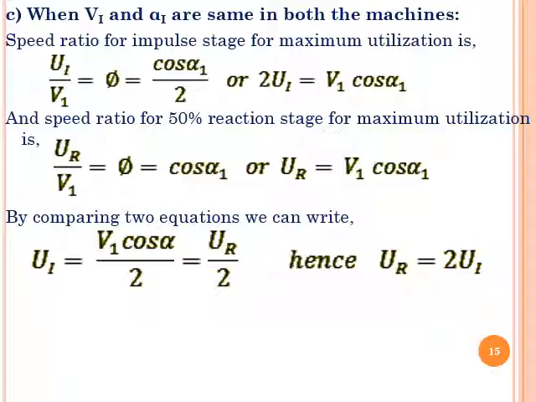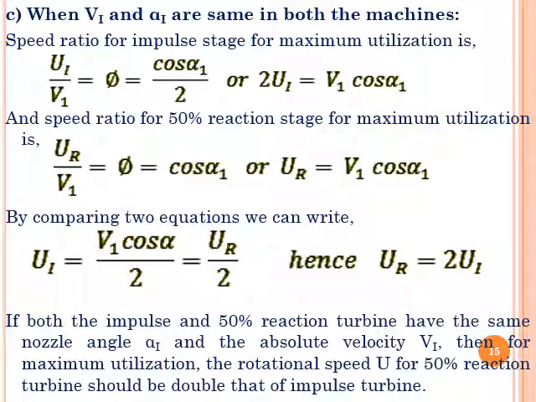Hence UR, the blade speed of the reaction turbine, is equal to 2 times the blade speed of the impulse turbine. If both impulse and 50% reaction turbine have the same nozzle angle alpha 1 and absolute velocity V1, then for maximum utilization, the blade speed for the 50% reaction turbine should be double that of the impulse turbine.